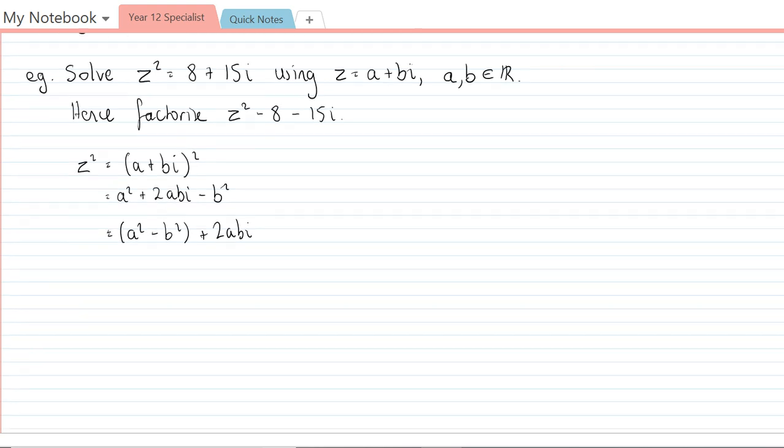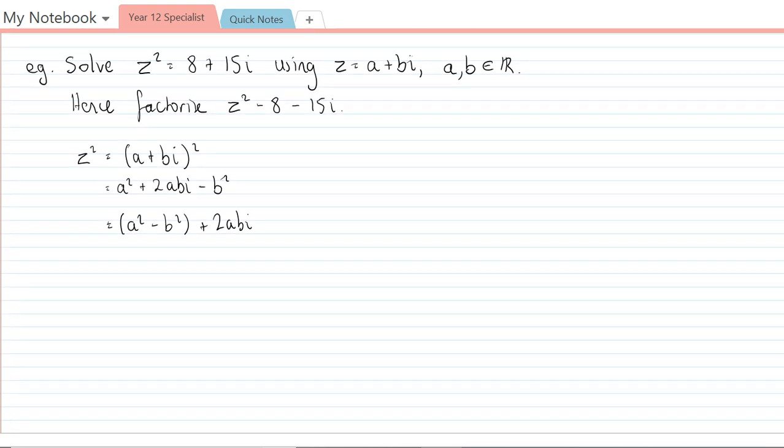So I know that that's z squared, so now I can just put that equal to the original complex number, and so I can say that a squared minus b squared plus 2abi is equal to 8 plus 15i.